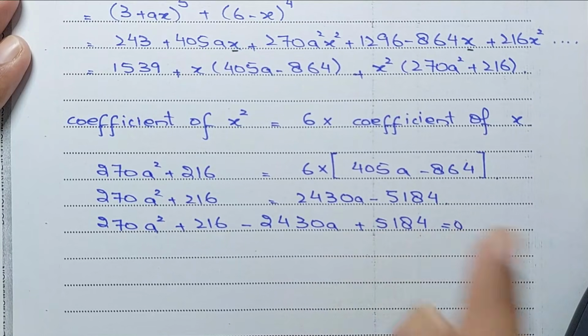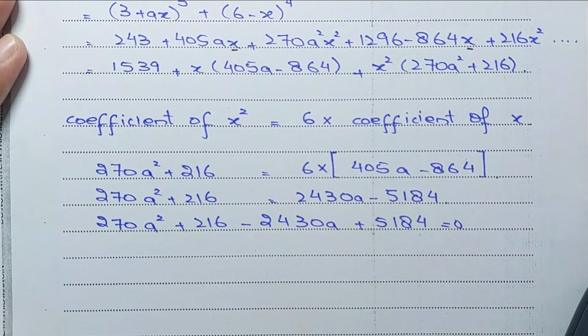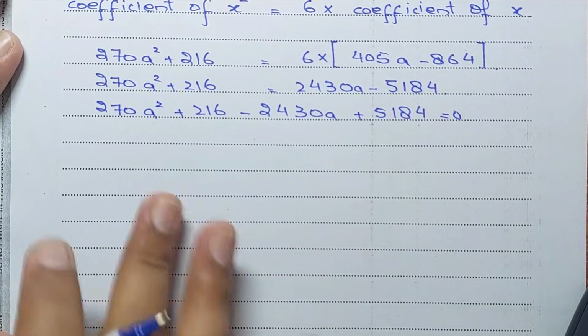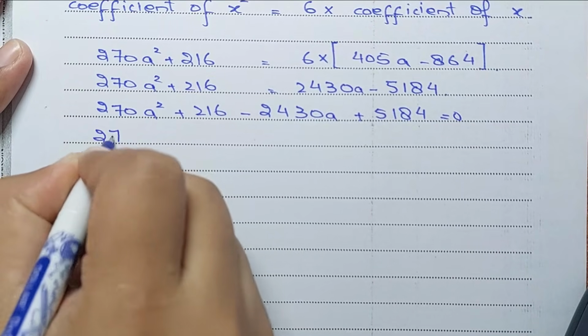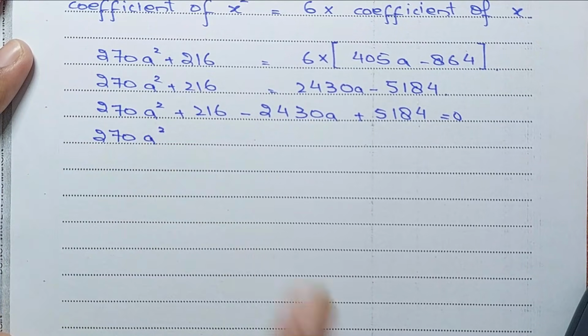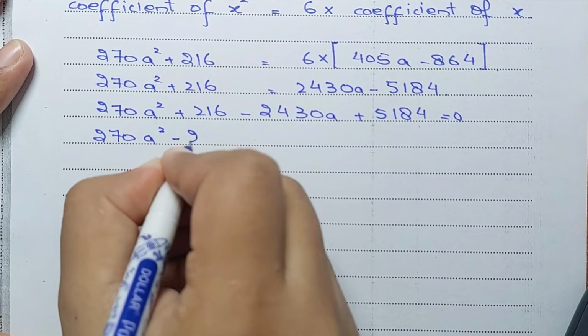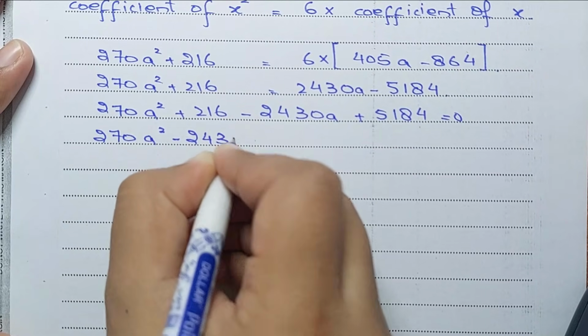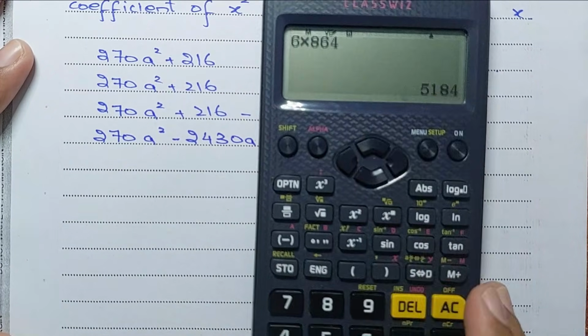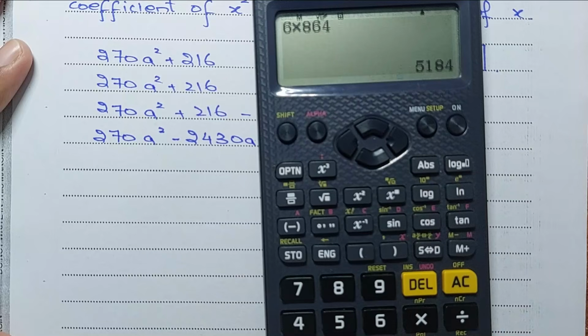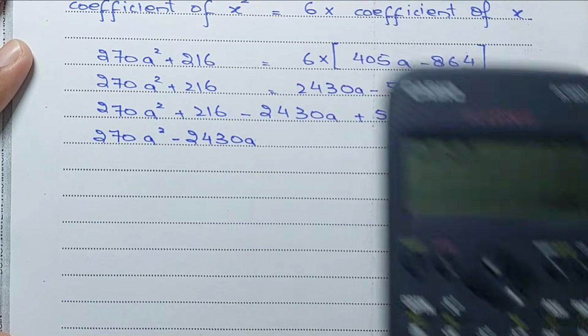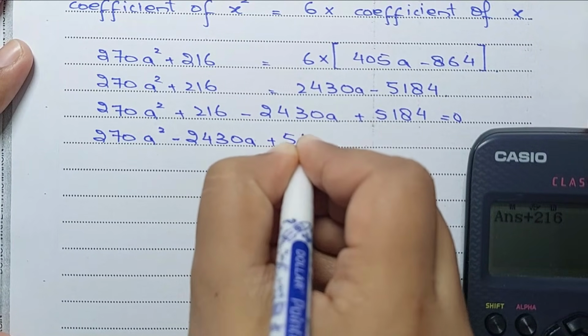This is equal to 0. So shift all the terms. This becomes negative and this term becomes positive when it moves to the left side. So 270 is a coefficient for a square, the a coefficient is 2430a and the constant term is 5184 added with 216, 5400.